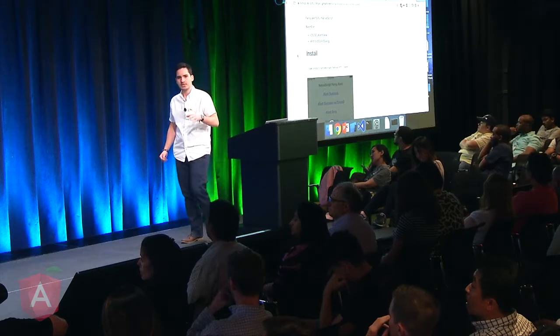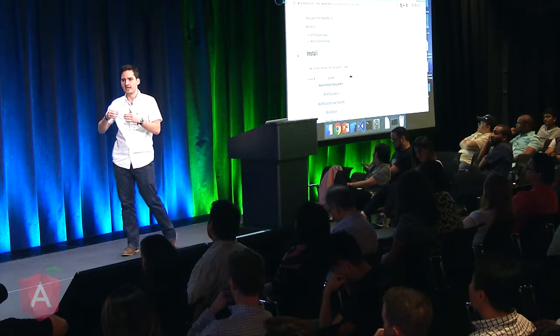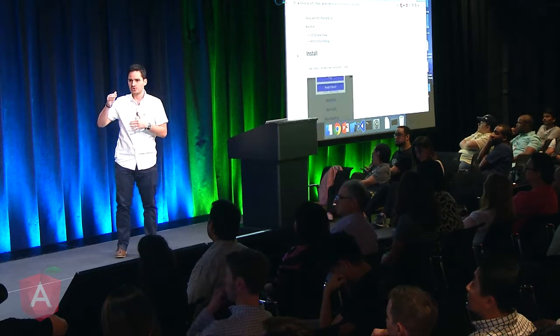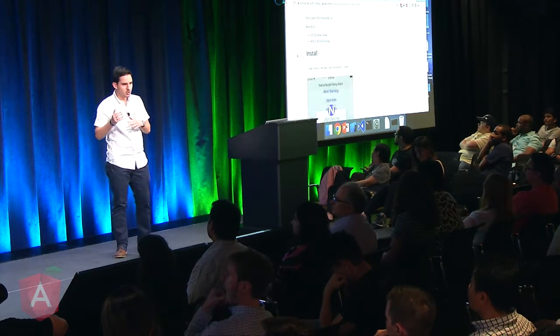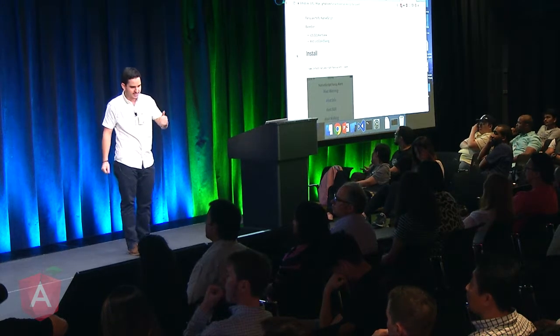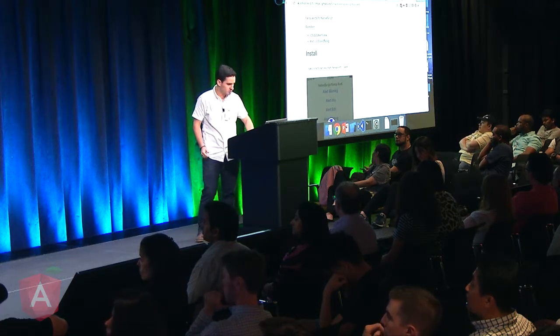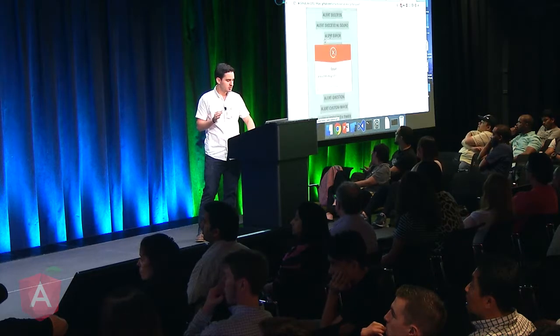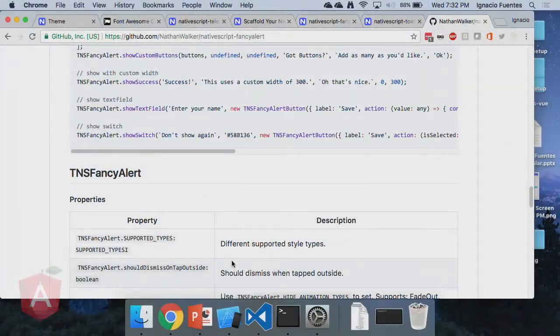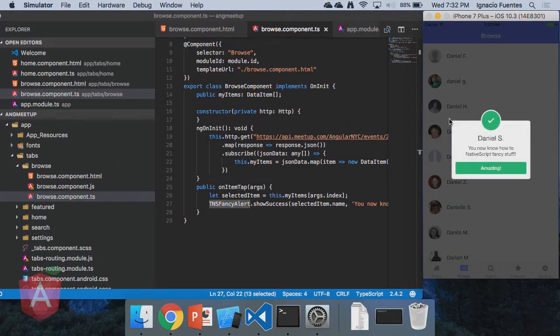What he did is he took those two libraries and simply created a thin wrapper that allows you to use it within NativeScript, so that when it's on iOS, it uses SCLAlertView, and when it's on Android, it uses the ColorDialog. But what you get is a clean API to get fancy alerts into your app, like this one right here.